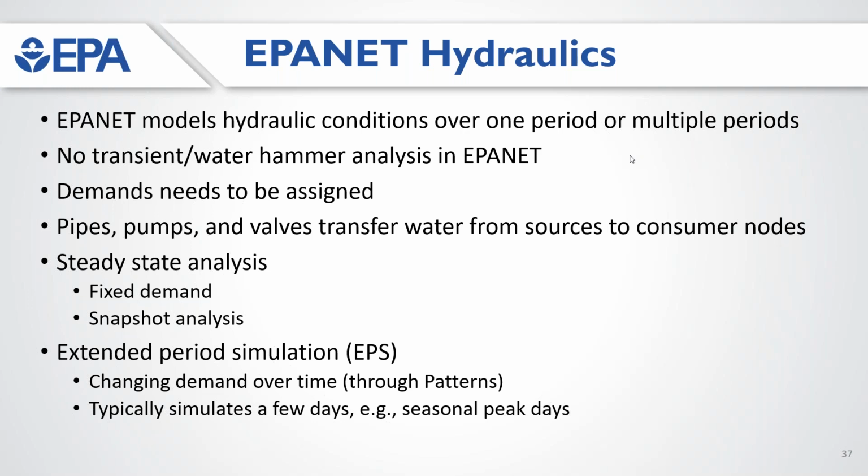Typically, people use this EPS to simulate peak days, for example, in summer when the water demand is high. So planners can see if their system can provide enough pressure to meet this kind of high demand in summer.